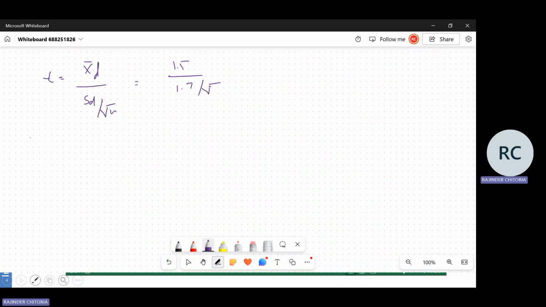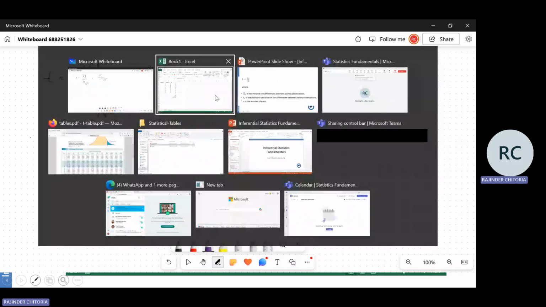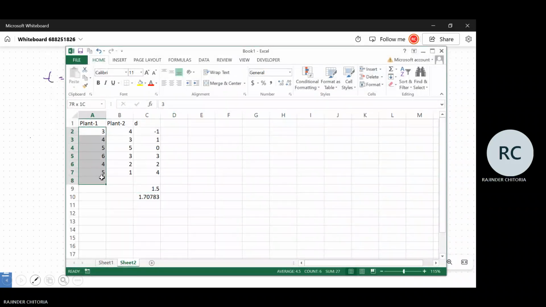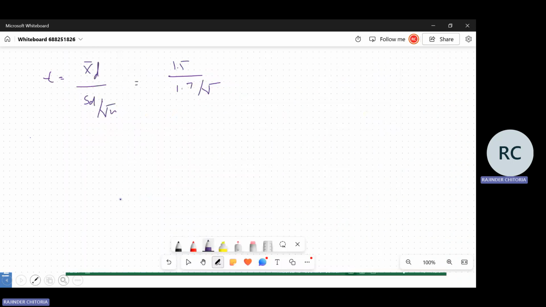Divide by root of n. How many numbers do we have? 6 numbers are with this, so n is common in both. Let's calculate this value. 1.5 divided by 1.7 over root of 6. Root 6 is about 2.45.